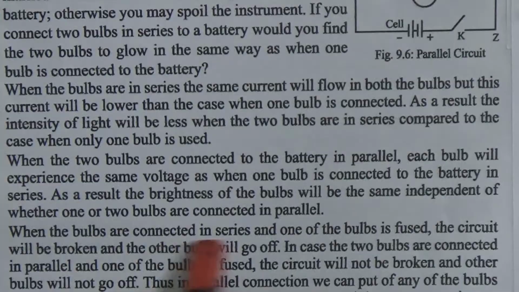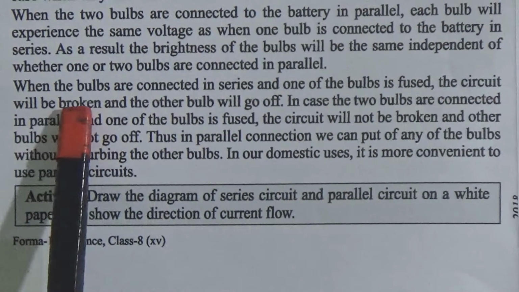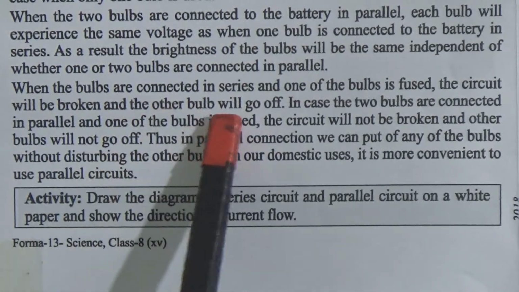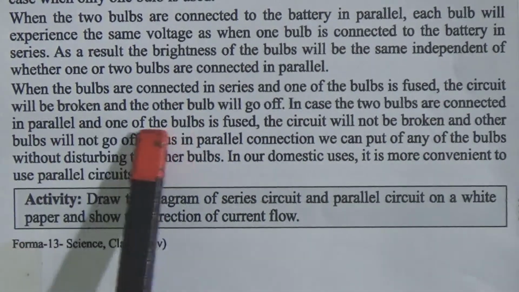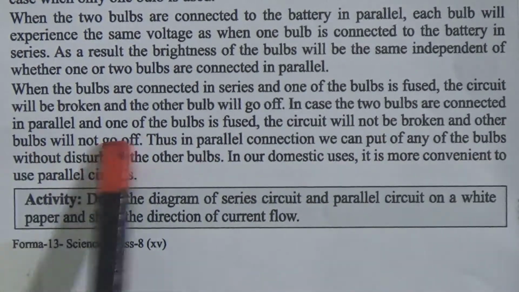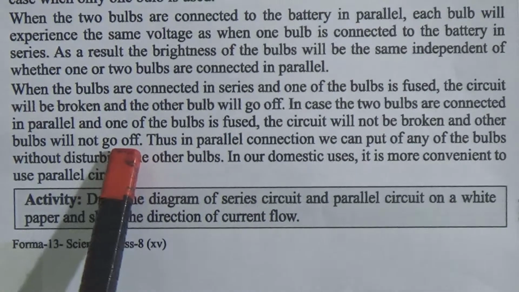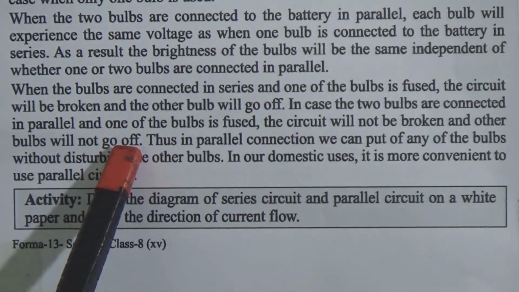When the bulbs are connected in series, if one of the bulbs is fused, the circuit will be broken and the other bulb will go off. In this case, when two bulbs are connected in parallel and one bulb is fused, the circuit will not be broken and the other bulb will not go off. If one bulb is fused in a series circuit, the total circuit will break down.